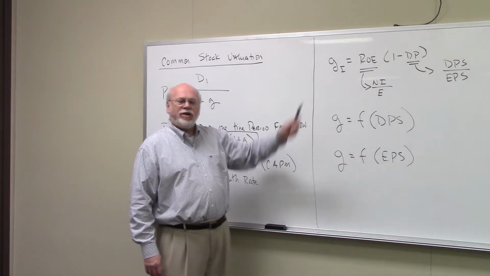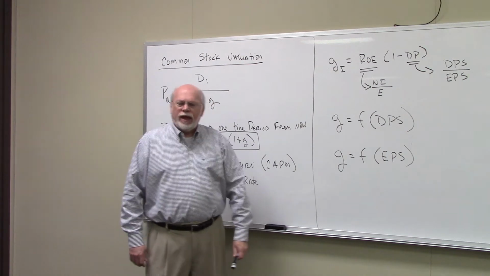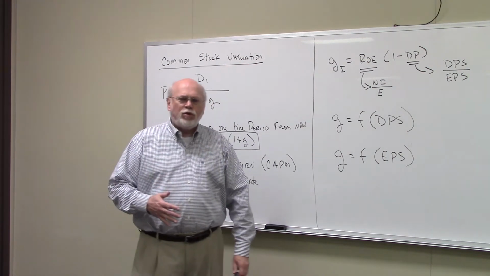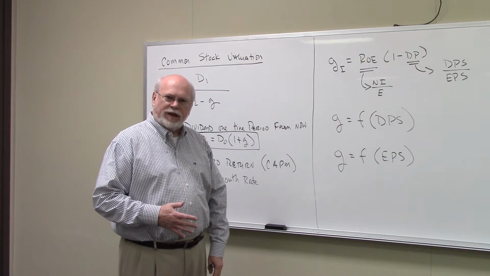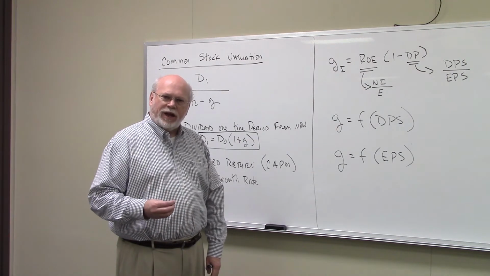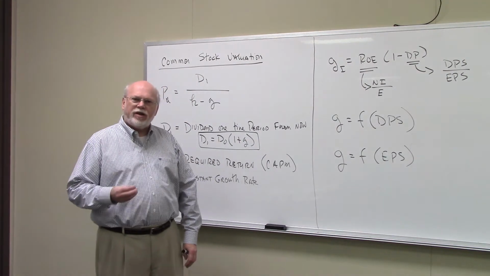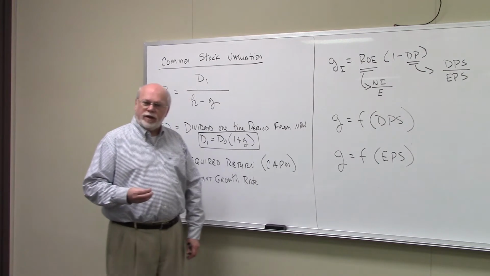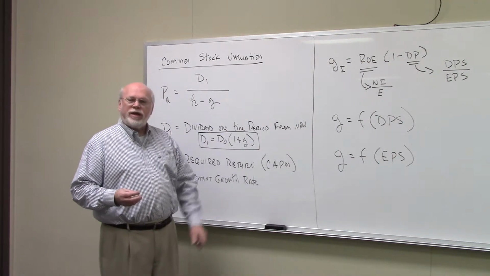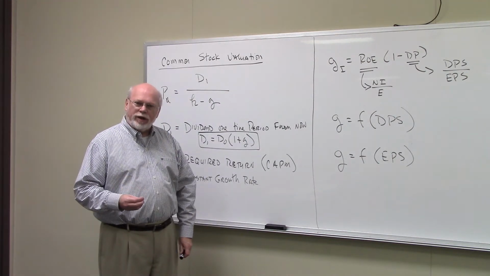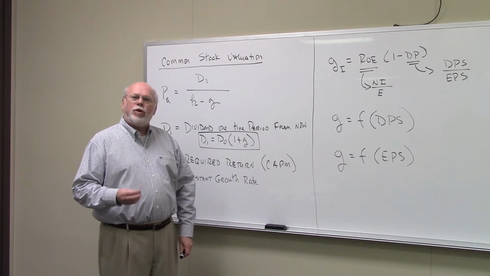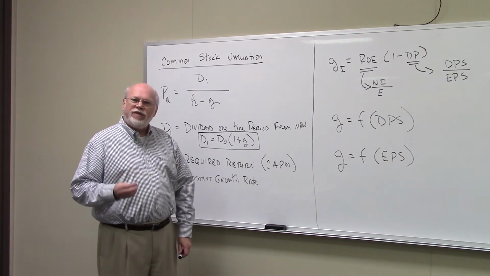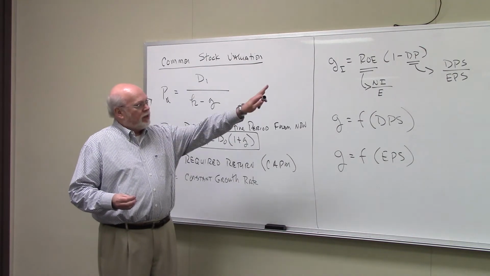Now, how do we calculate growth? Again, if you study to become a chartered financial analyst, in the common body of knowledge they're going to teach you to calculate what's called the internal growth rate. The internal growth rate is the company's return on equity, ROE, multiplied by 1 minus the dividend payout ratio, DP.